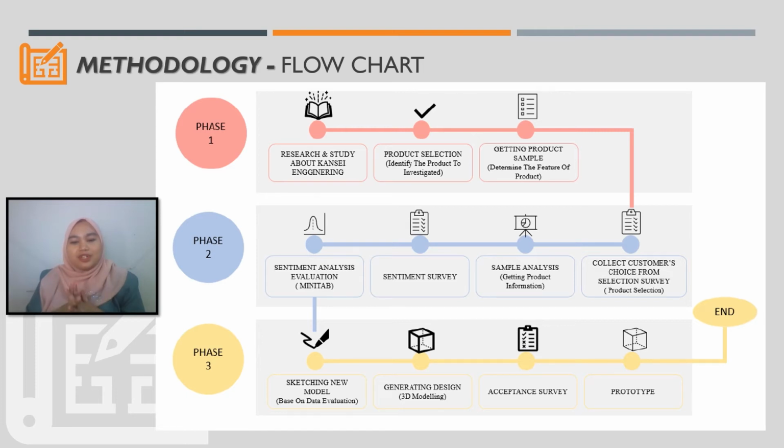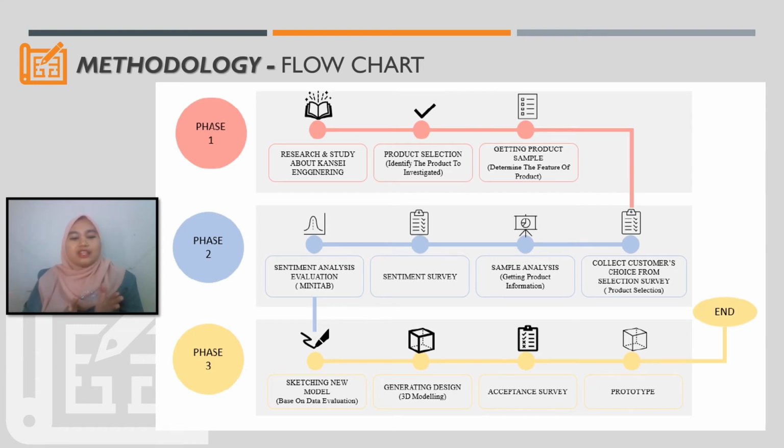First thing we do in phase 2 is collect the customer selection survey, or product selection survey, and then we move to sample analysis. After we get the data from the first survey, we move to the sentiment survey, in which we get more specific about emotion from the respondents about a product.